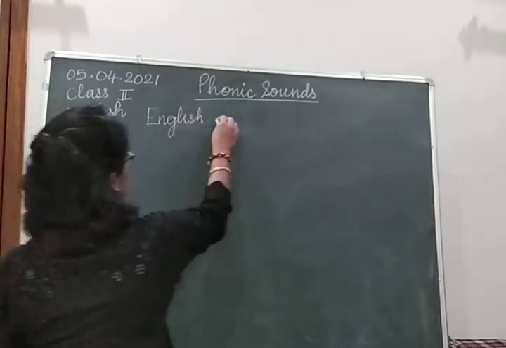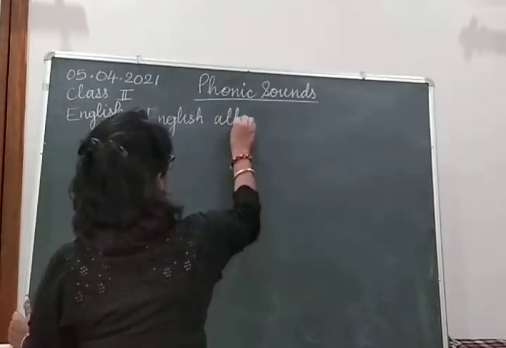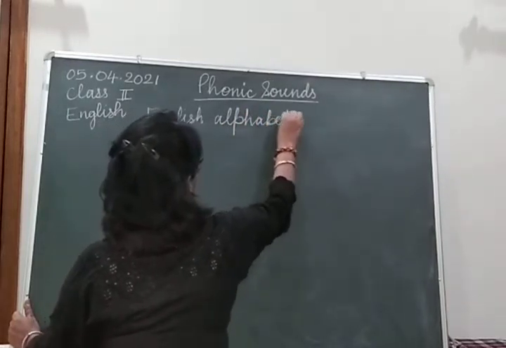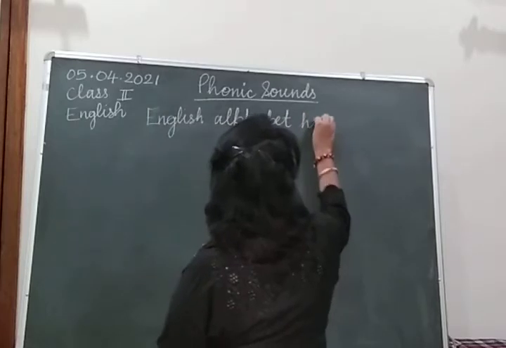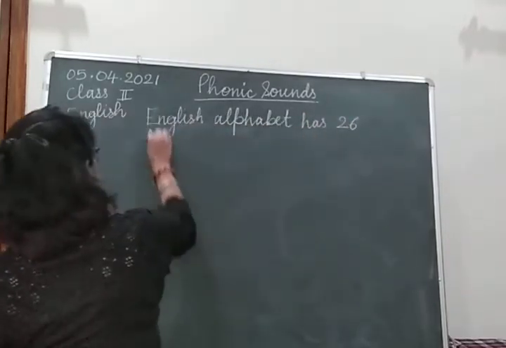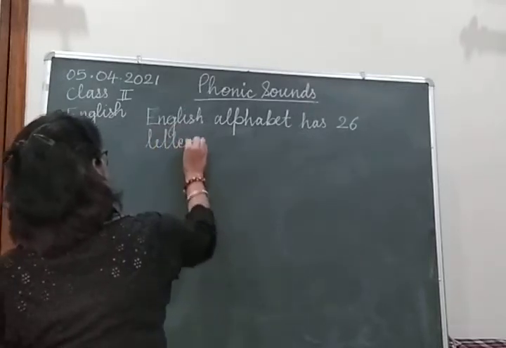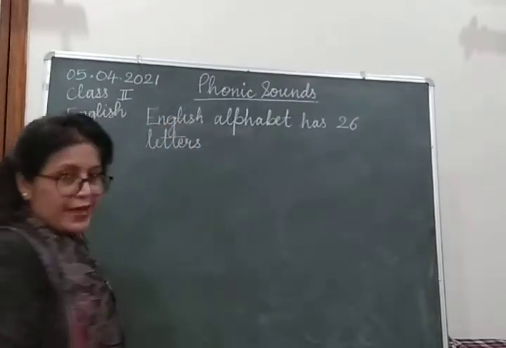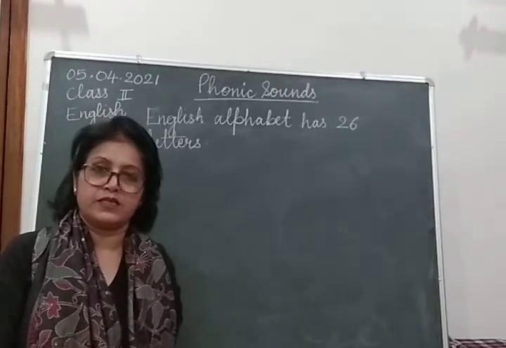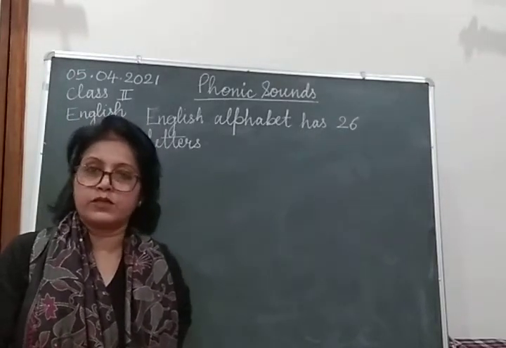English alphabet has 26 letters. That you know, isn't it? And what are they?